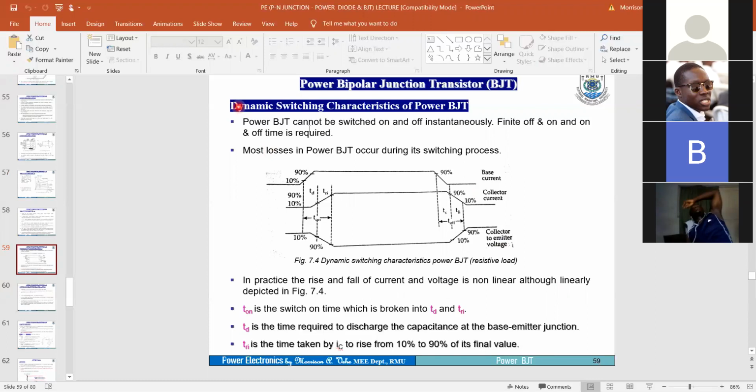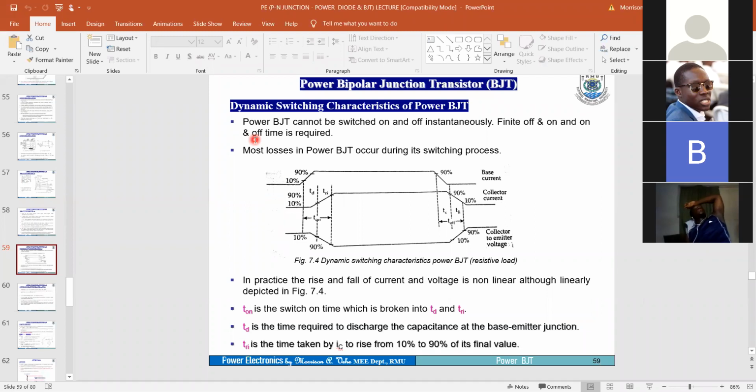On this slide, a finite on and off time is required, right? There should be some time span for your off and on, like we saw in reverse recovery.